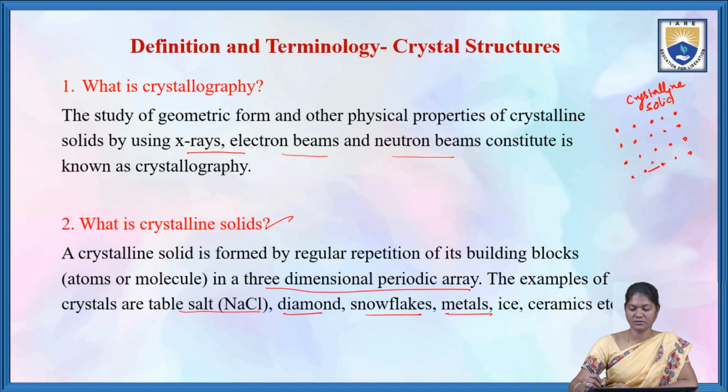Then there are the lattice parameters. This lattice parameter length will be the same when compared to the other atoms repeatedly. So these crystalline solids are formed by the regular repetition of their atoms or molecules in a three-dimensional periodic array.